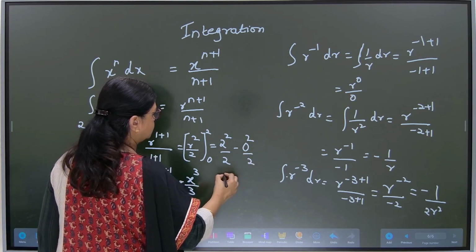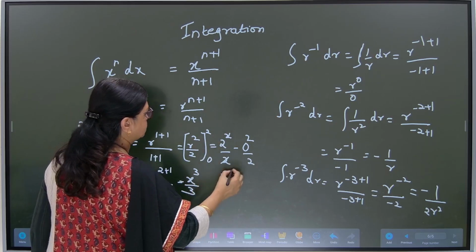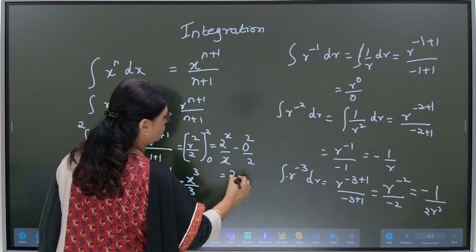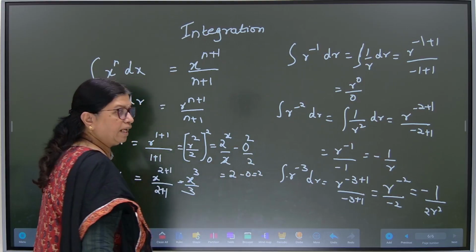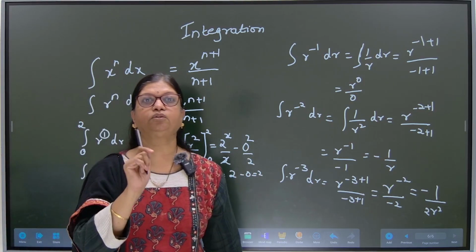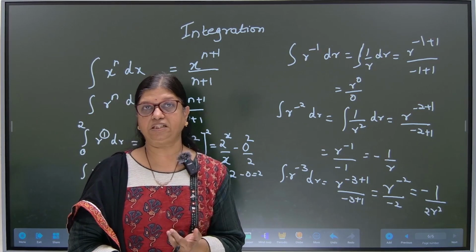So what is my answer here? 4 upon 2, or simply I can cancel this because it is divided here. So 2, and this is 0. So my answer is 2. Agree? So what are the two steps? First the integration part and then applying the limits part.